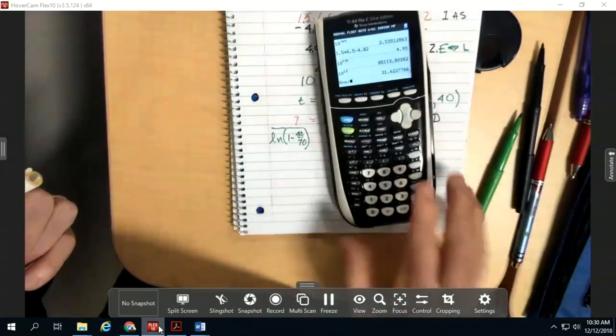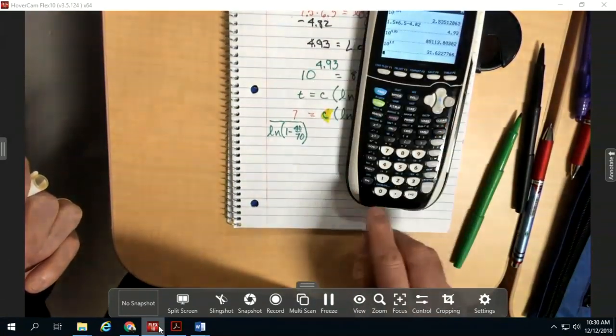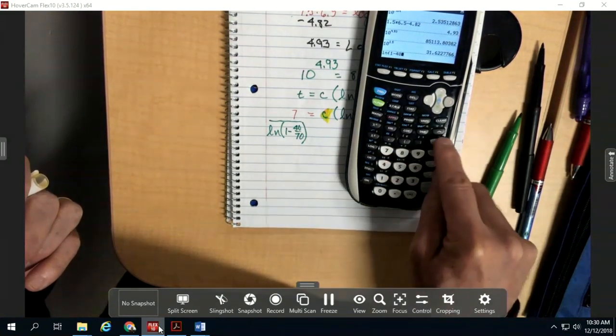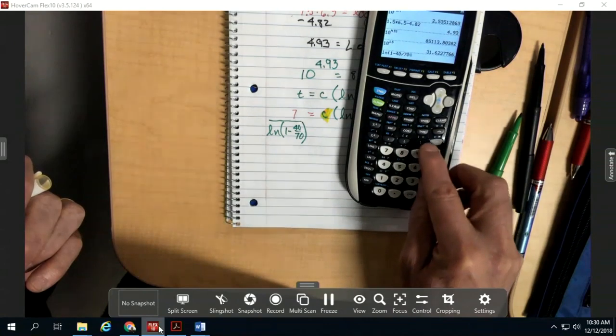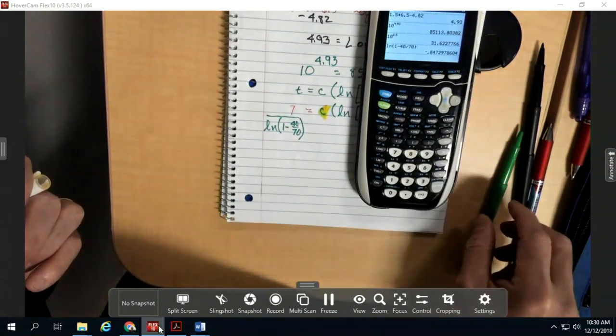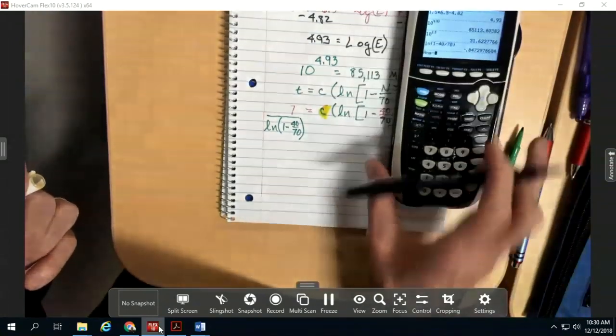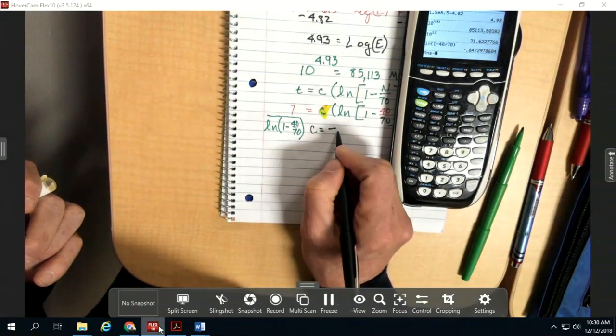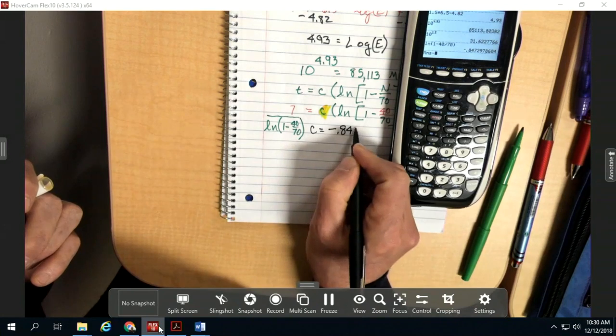So on our calculator, ln of 1 minus 40 divided by 70. Our constant is negative 0.847.